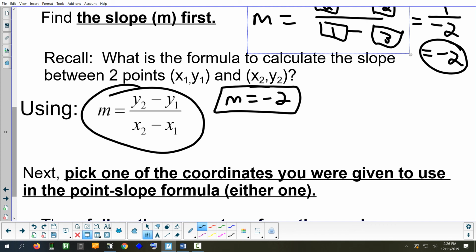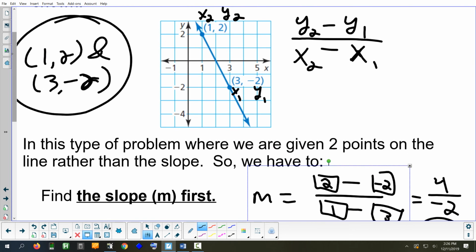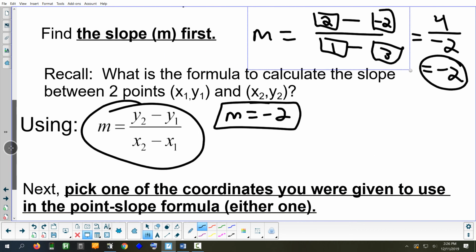Now, besides the slope, what else do you need after you have a slope? You don't need y-intercept today. You need a point. Well, they gave us 2. Which point do you want to use? The 1, 2. I think the 1, 2 is the easiest one to use. Now this problem, look at what you've got: slope and a point.